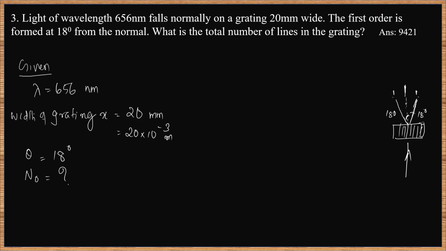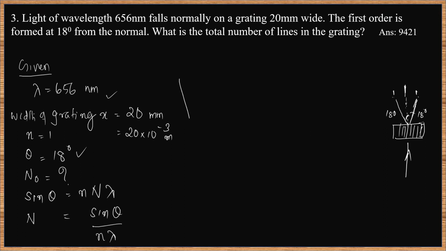From this equation, theta, lambda, and order are there. What was the order? n is equal to 1, first order. So we can write the grating equation: sin theta is equal to n lambda. From here we can find the value of n, that is the number of lines per unit length, that we have discussed in the previous problem. So n is equal to sin theta by n lambda, right?